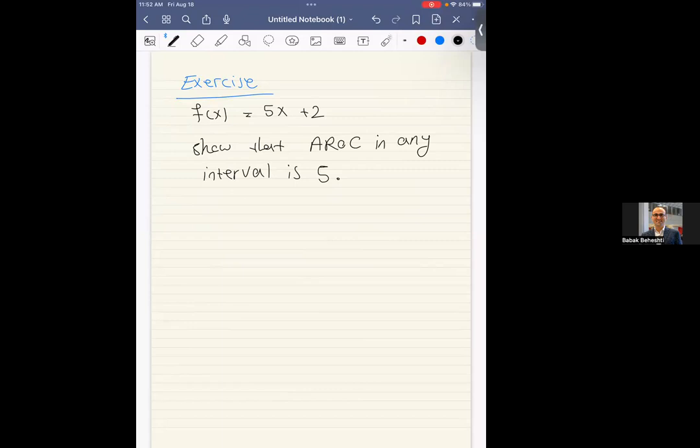So take any interval, show that the average rate of change is 5. So that means just have, let's say that you have this interval, x1 equal to a and x2 equal to b. So you have this interval. Compute the average rate of change.